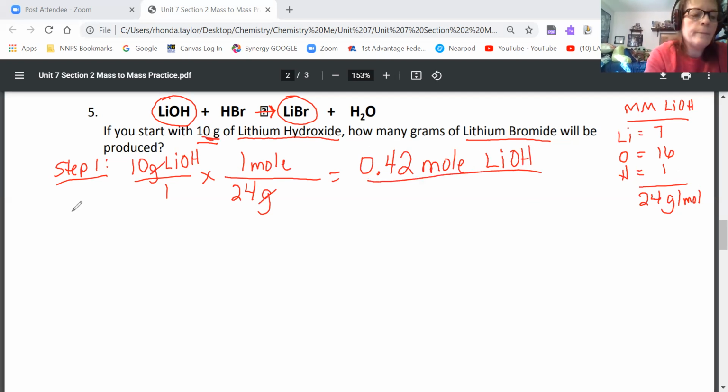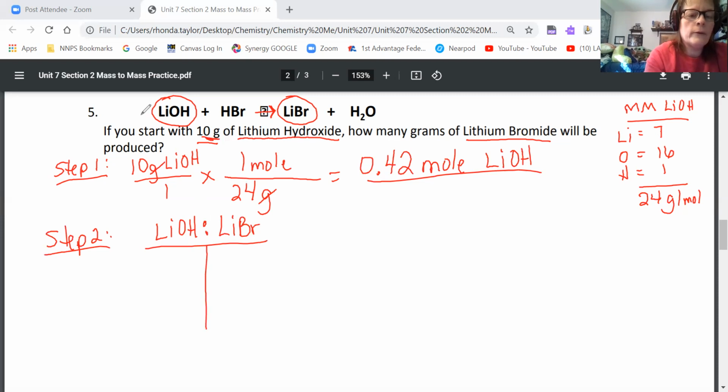Okay, so step 2, now that we have our moles for that, we're going to look at our mole to mole ratio. So lithium hydroxide to lithium bromide, and in the equation, it's a 1-to-1 ratio. This one's easy. Because remember, anytime you have a 1-to-1 ratio, it's going to be the same for both. So since we have 0.42 moles for lithium hydroxide, we're also going to have 0.42 moles for lithium bromide.